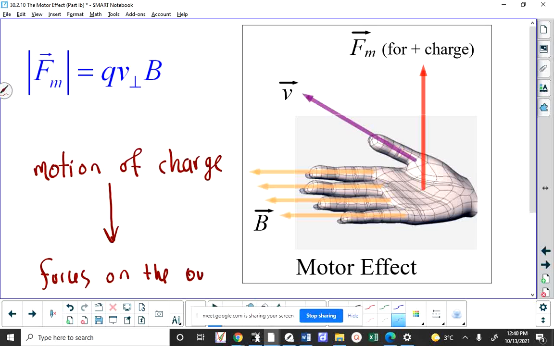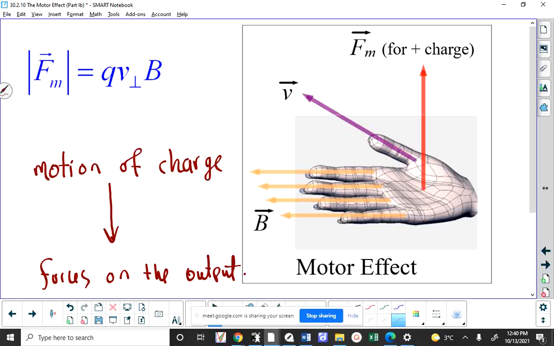I'm going to say on the output. So if you plug an electric motor in, or you have a little battery-operated car that uses batteries, the batteries cause a flow of electrons through a circuit. So there's your motion of charge. And the output is that the car is forced. It moves in a particular direction.